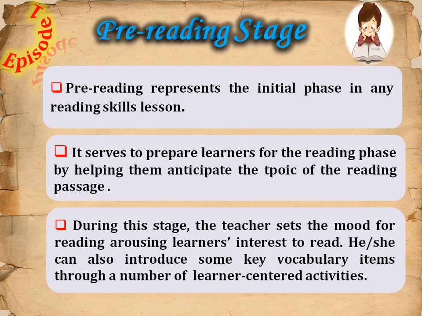During this stage, the teacher sets the mood for reading, arousing learners' interest to read as he indulges them in the process of predicting the topic of the text. At this stage also, the teacher can introduce some key vocabulary items needed for the understanding of the reading passage. This is all mainly done through designing a number of learner-centered activities.